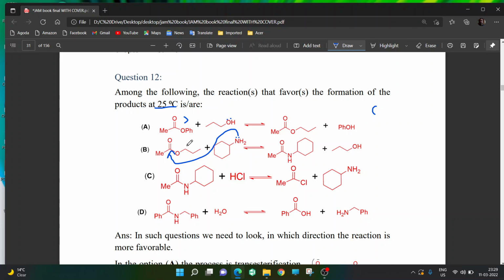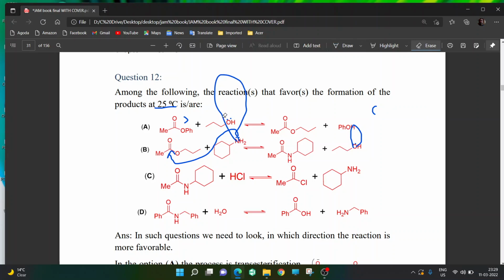It is happy to donate its electron. Whereas in the reverse direction you have alcohol. Alcohol is not a very strong nucleophile, because oxygen is electronegative, so it holds electrons very close to itself. So its lobe is much smaller, whereas the nitrogen lobe is much bigger. So nitrogen is very efficient in giving its electron, whereas oxygen is not.